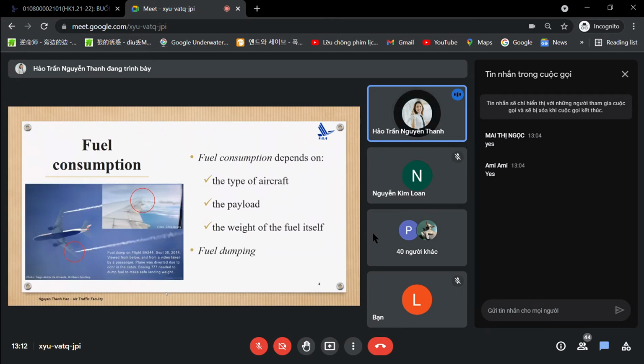And the second knowledge that I want to introduce is about fuel dumping. I think most of you know about this concept.